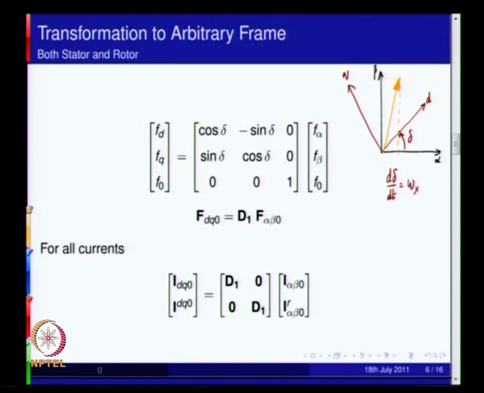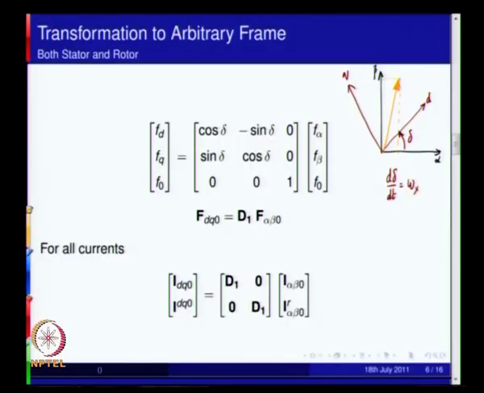Again, the MMF has to remain the same. We now want to locate a d axis component and a q axis component. That is all that we are trying to do. We are looking at the same MMF from a different set of axes. So we are obtaining the d axis component and q axis component, which is what this vector is. The space phasor of MMF in reality remains the same. We are choosing to look at it from a new set of axes.